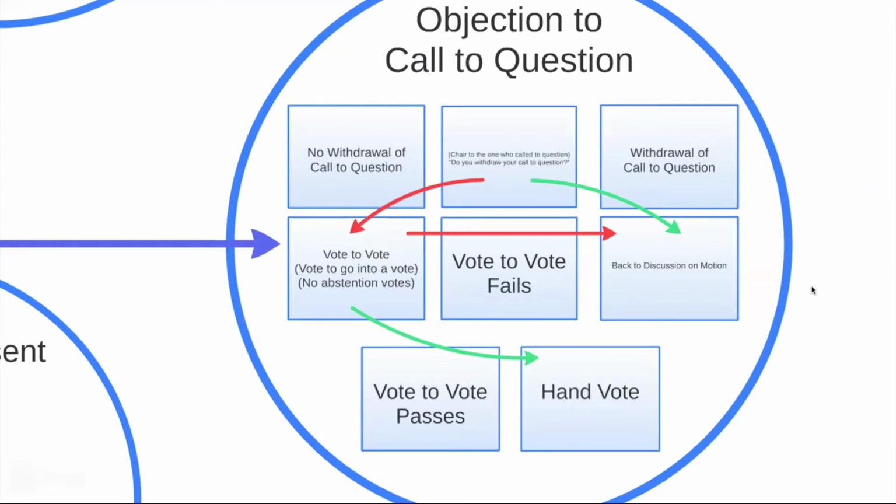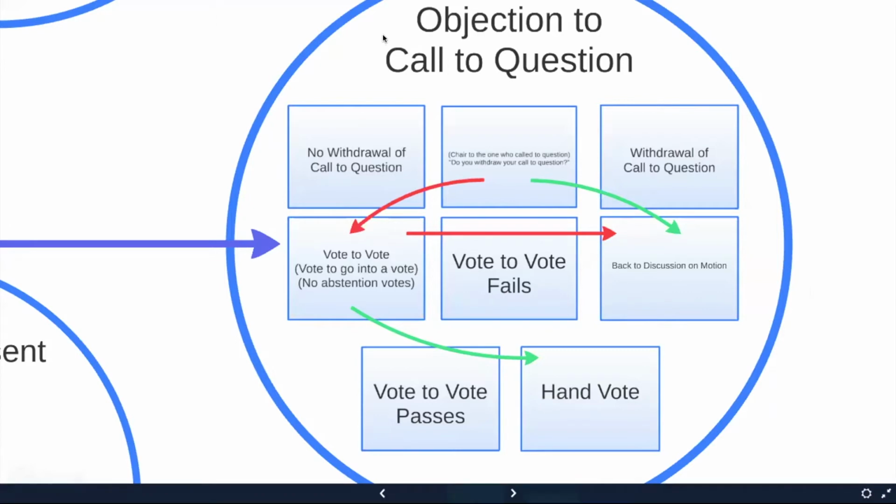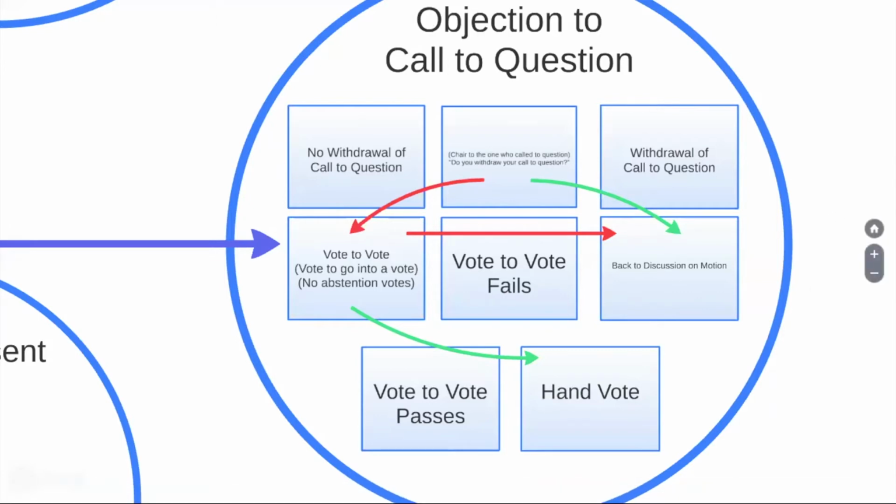Maybe the person that made the motion said the number for the expenditure incorrectly, or you disagree with the motion, whatever the reasoning may be. This objection is saying, I don't want a vote to be taken.